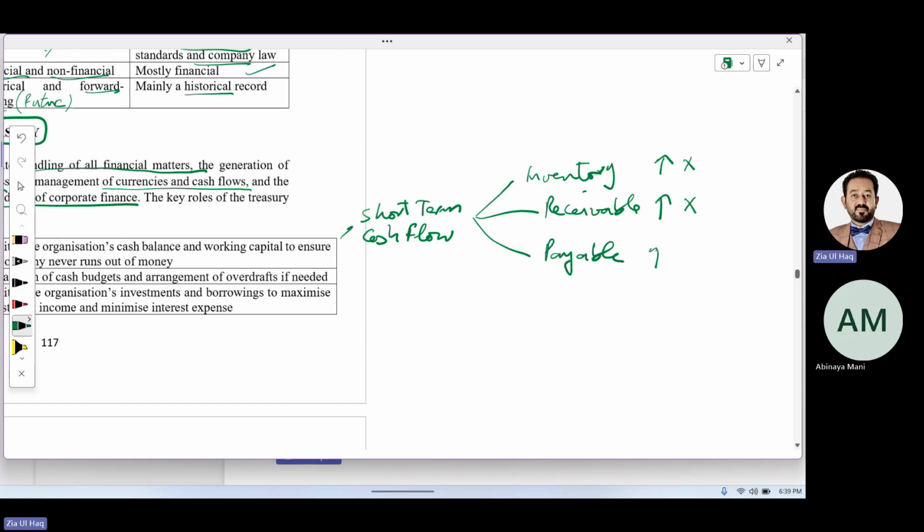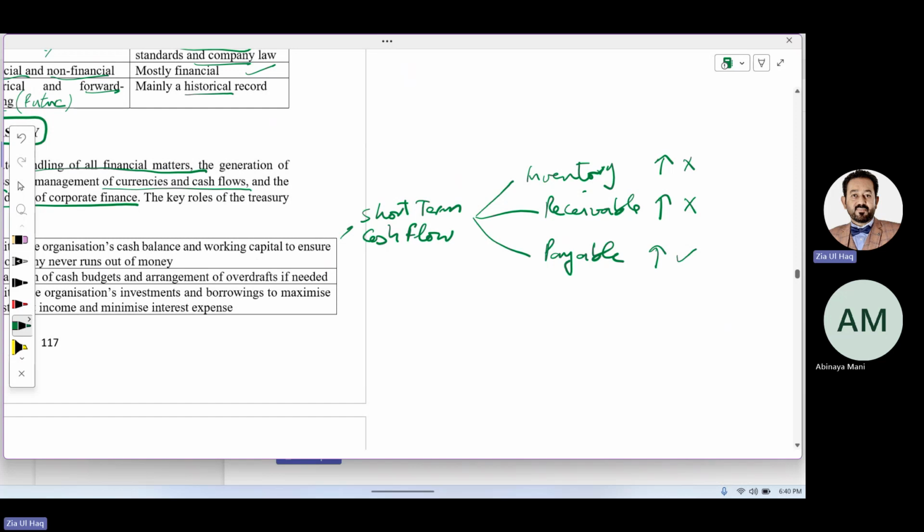But more payable is better because you have received the goods from the supplier, you haven't paid the money, you will pay in future. So that will help you to manage your cash. So what business want? Inventory balances should be low, receivable should be lower, but payable should be more, but not too much more.